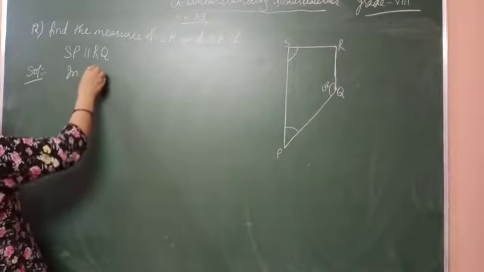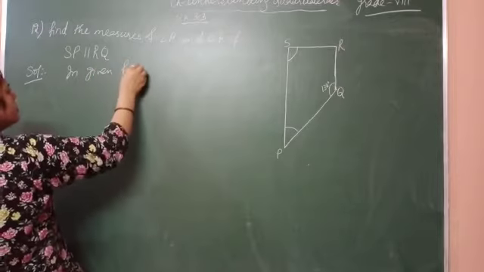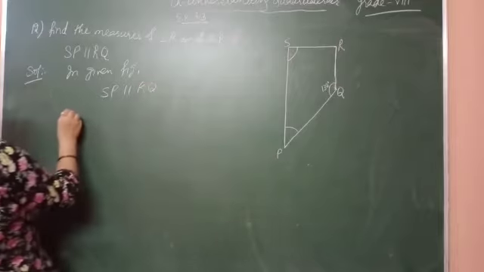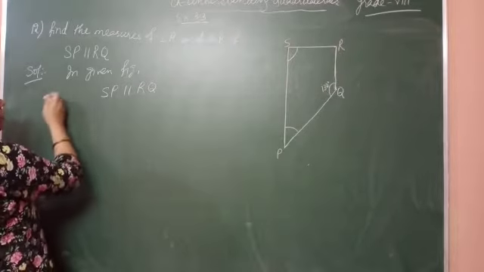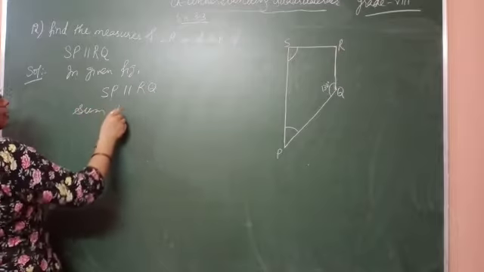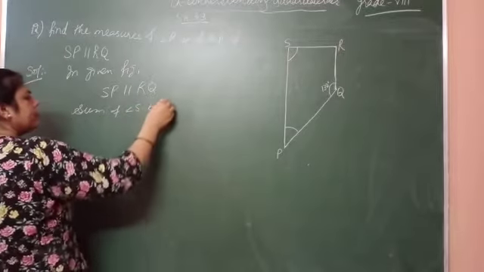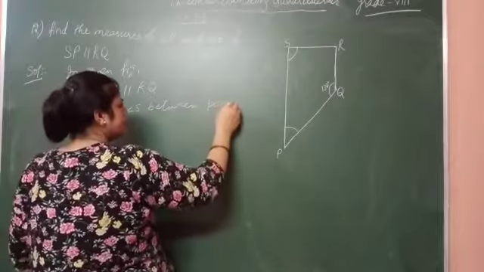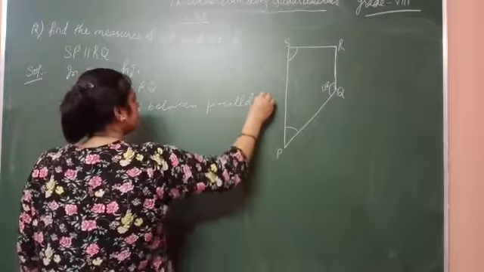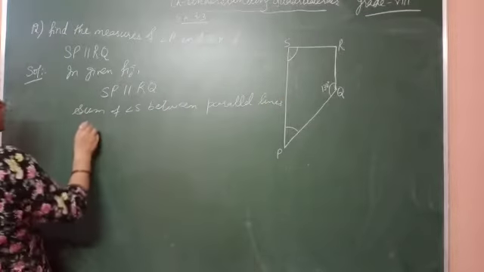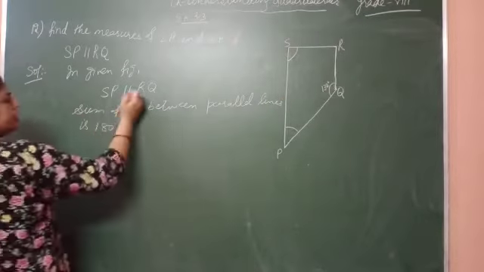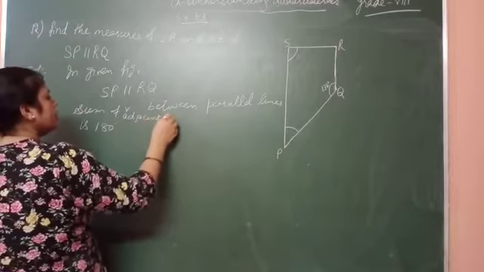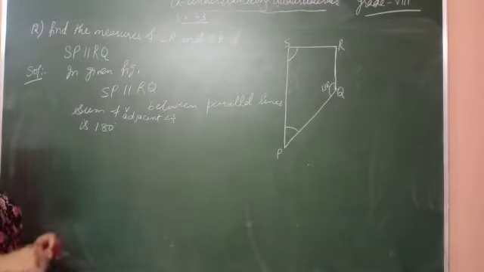In the given figure, SP is parallel to RQ. So therefore the sum of adjacent angles between parallel lines is 180 degree. Here we write: sum of adjacent angles between parallel lines is 180 degree.